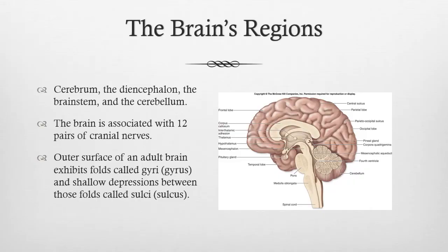When we look at the brain itself, we have some relatively distinct regions that we can see. And so we have the cerebrum. We then have the diencephalon. And then we have the cerebellum.